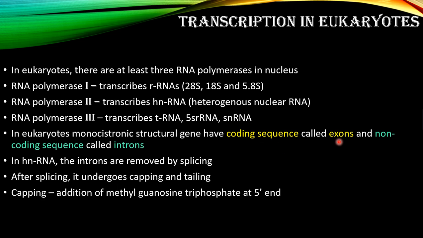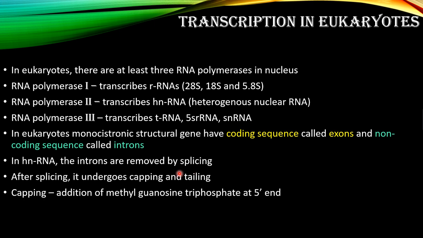What is the name for coding sequence? Exons. What is the name for non-coding sequence? Introns. These are formed first. In heterogeneous nuclear RNA, the introns are non-coding sequences. They are not required, so they are removed by splicing.